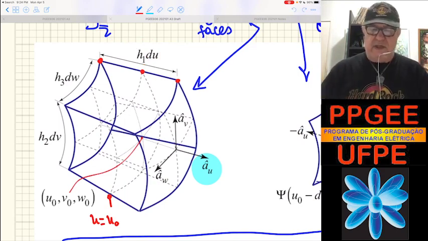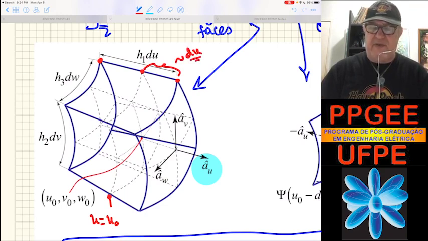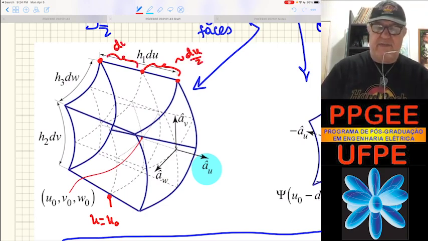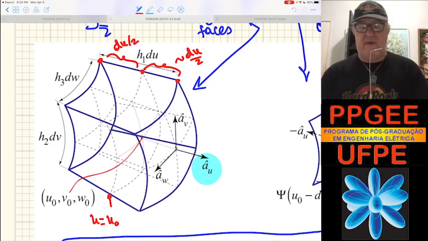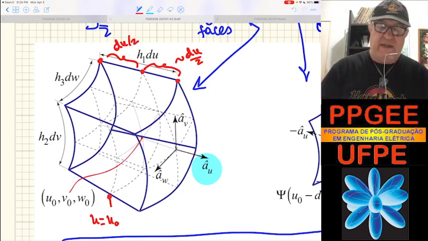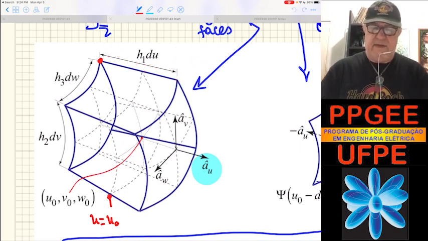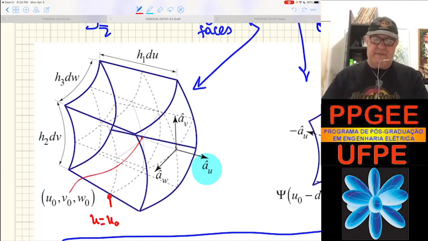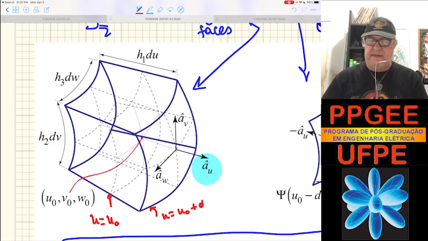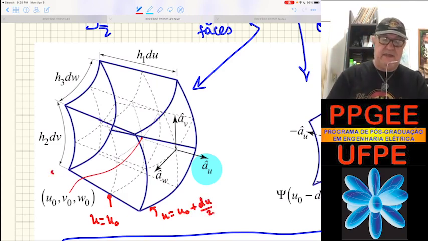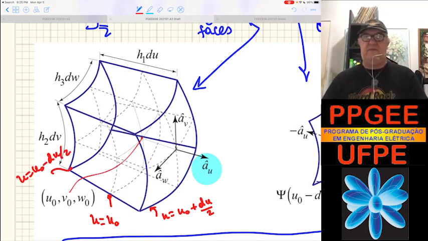From here to here, the changing coordinate is approximately du over 2. The changing coordinate here is approximately du over 2. So the total change is du, and the length is h1 du over 2, h1 du over 2. So this is the surface u equal to u0 plus du over 2, and this one is u equal to u0 minus du over 2.